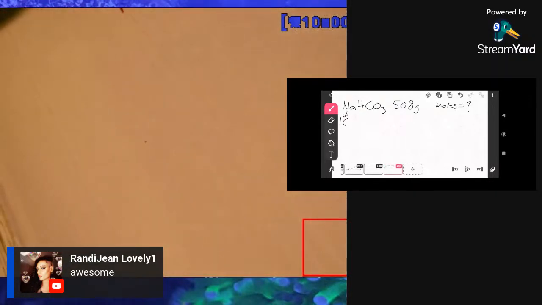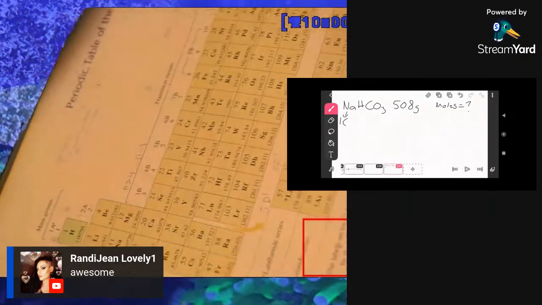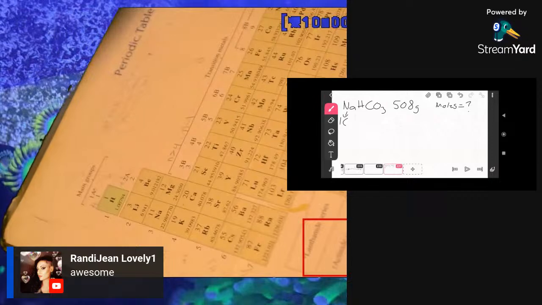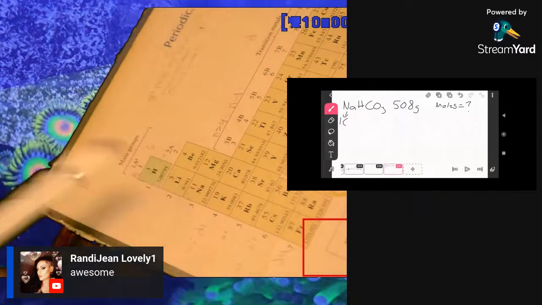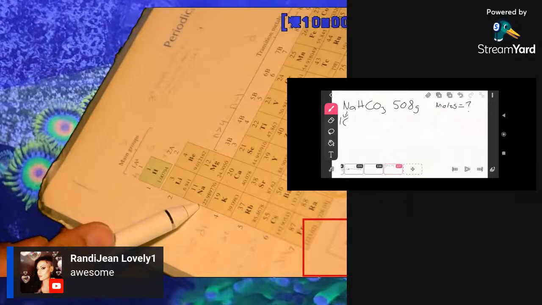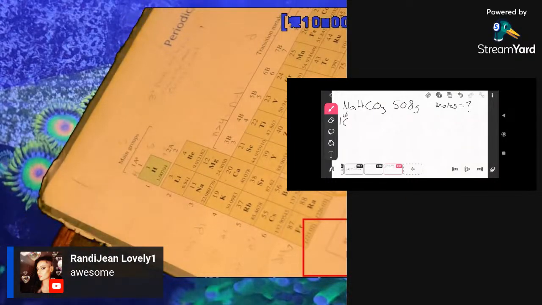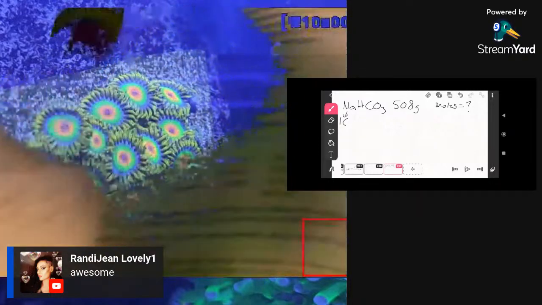Let's just show you. So when you look at the periodic table, you see Na, where's Na? Sodium's right there. See, sodium's right here. So right here it says 22.9871 something.